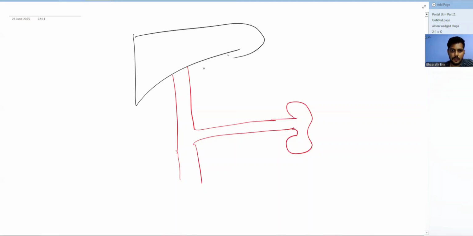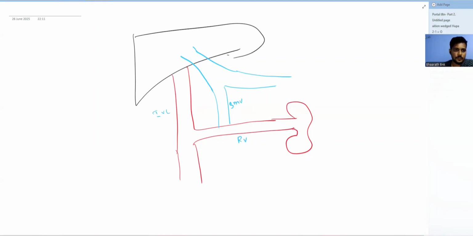And we have our portal vein here, superior mesenteric vein, splenic vein, and the portal vein. So this is the superior mesenteric vein, this is the renal vein, and this is the inferior vena cava.